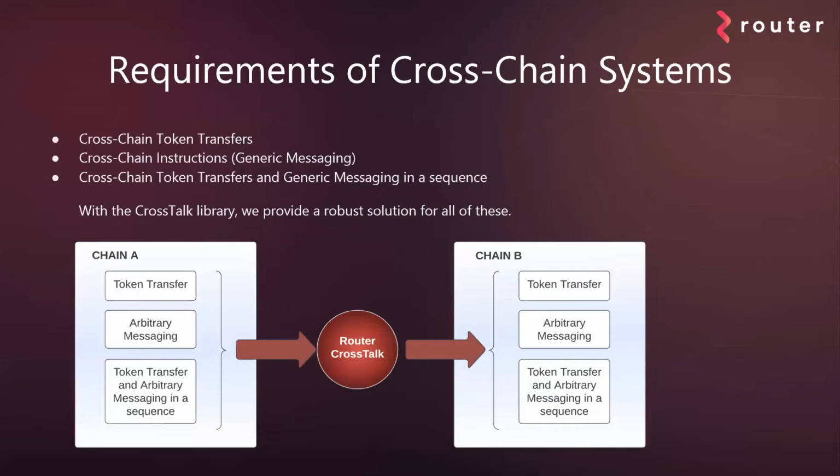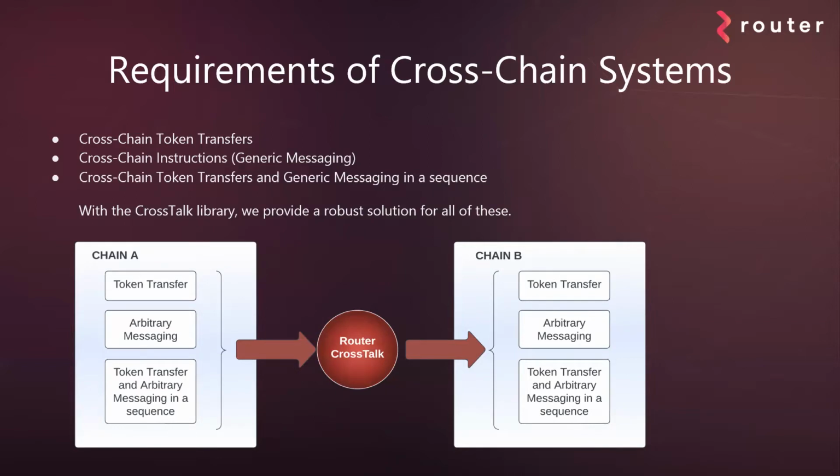If we talk about the requirements of cross-chain systems, you'll find mainly there are three requirements. The first one is the cross-chain token transfers. If you want to transfer your USDC from Polygon to BSC, this is one thing that cross-chain systems require. The second is cross-chain instructions. If you want to instruct your contract on the other chain to do something, that is one of the requirements also.